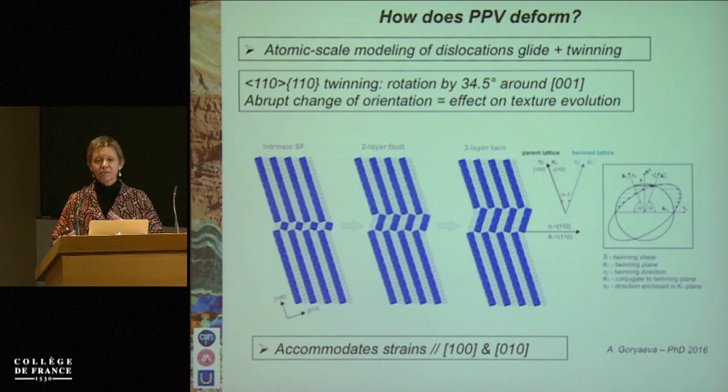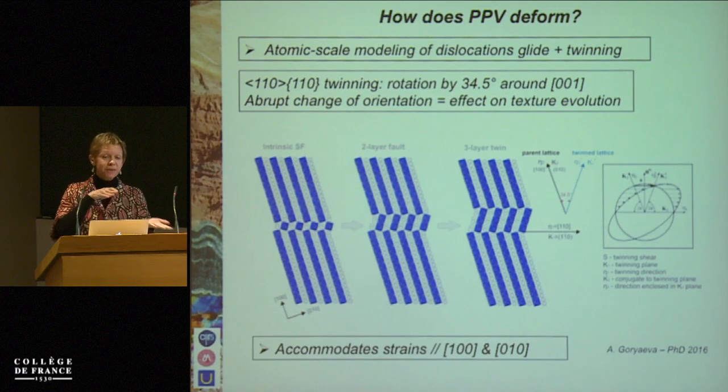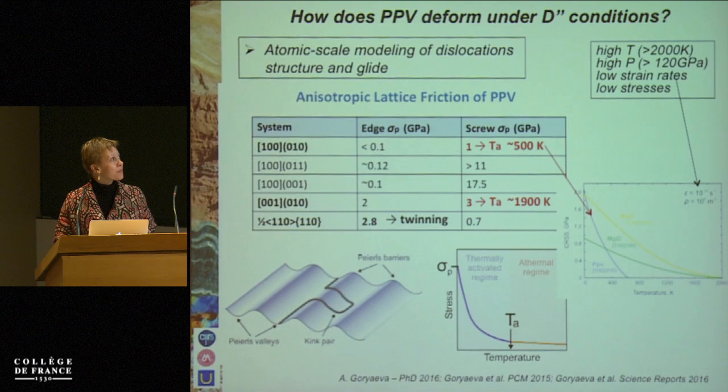And this will be important because the more degrees of freedom I have, the easier it is to deform. If I only had the glide systems, I could only accommodate shear parallel to the basal planes. Here I can accommodate normal deformations parallel to the main axis. So it can help quite a lot with the deformation of the crystals.